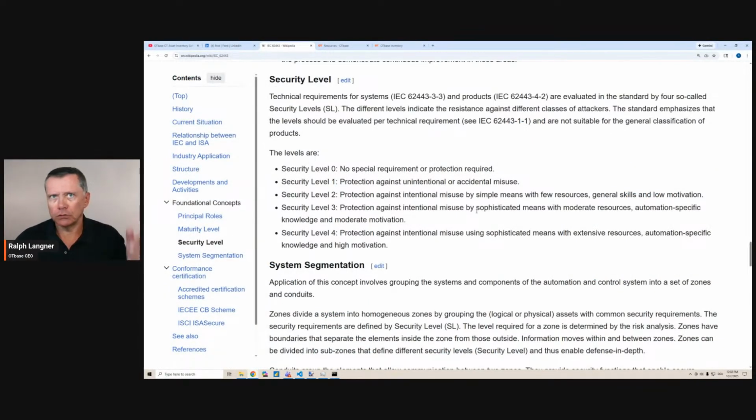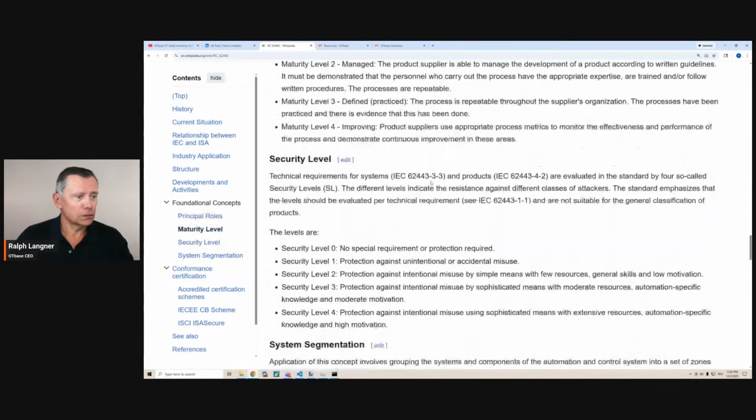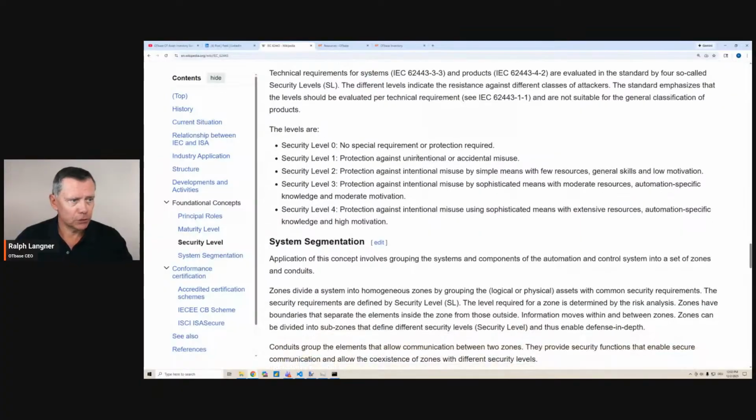Unfortunately, I cannot use the original document set because otherwise they could sue me, because you have to license it individually, which I find pretty odd these days. So I just refer you to Wikipedia. So this is the 62443 Wikipedia page, and here they break down those various security levels from 0 to 4.